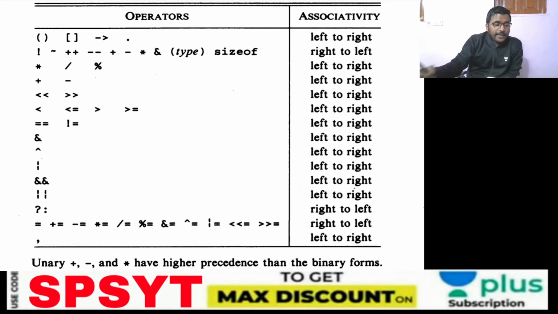These have the higher precedence. This bracket is for an array. This is the arrow operator, which is also called the indirect selector. This is the dot operator, which is also called the direct selector.